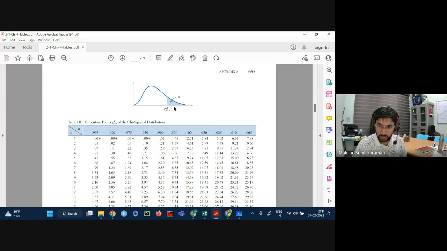So when you are too far away, you will reject the null. But when you are within that limit, you will not reject the null, which is the case now. You are within the limit. Fine? Everyone clear?